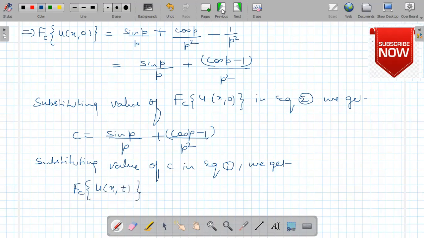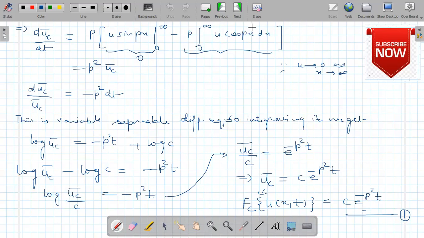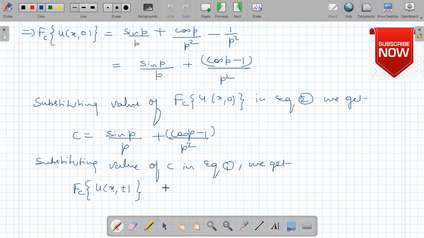This is equation number 1. This one is equal to sine p over p plus cos p minus 1 over p square into e raised power minus p square t.